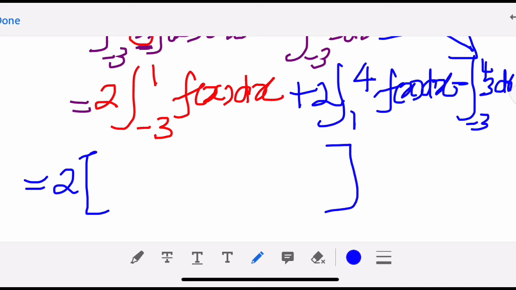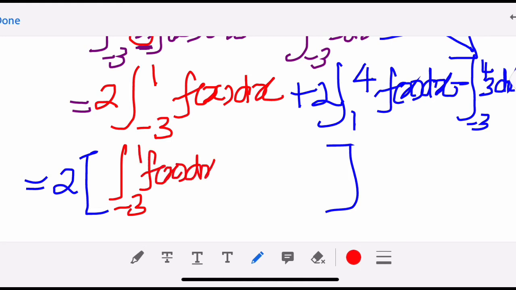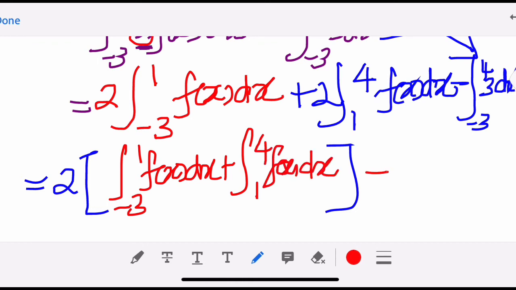You see, I'm going to show you I can factorize the 2. So inside the bracket will be integrate from negative 3 to 1 fx dx plus integrate from 1 to 4 fx dx. Okay, and then minus integrate from negative 3 to 4 of 3 dx.